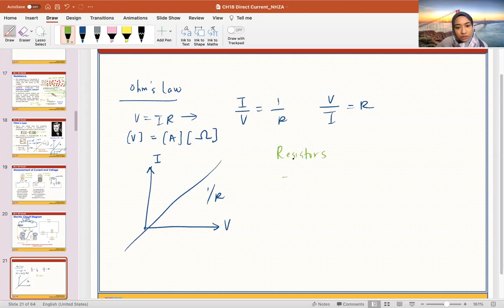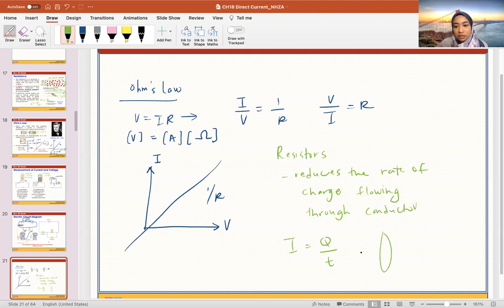It reduces the rate of charge flowing through a conductor, because it is restraining current, and we know current is Q over T. So I is the rate of charge flowing through a cross section. Whatever goes into the cross section, that is Q over T, so that is I.